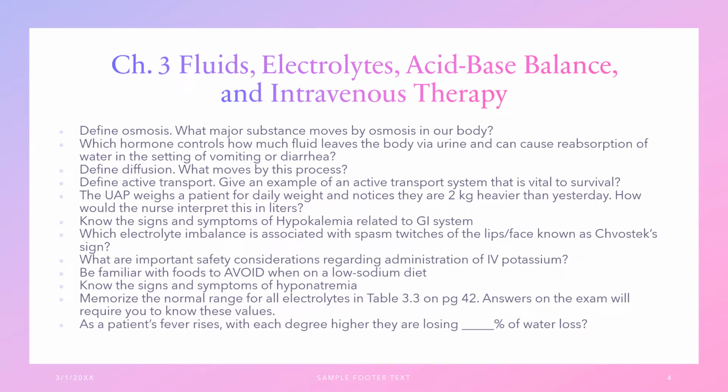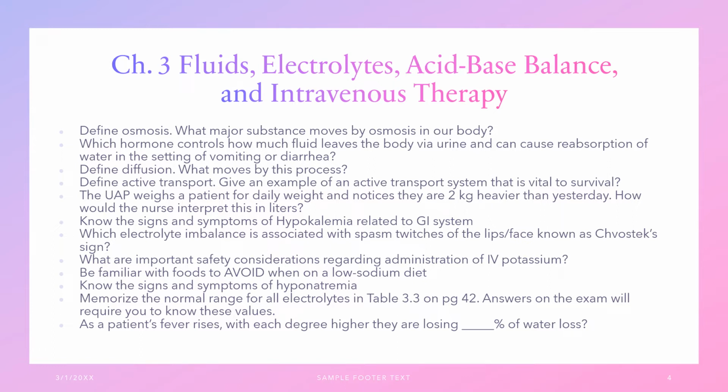Define active transport. Give an example of an active transport system that is vital to survival. We can find that on page 34. In contrast to diffusion, osmosis, and filtration, active transport requires cellular energy. This can move molecules into cells regardless of their electrical charge or the concentrations already present in that cell.